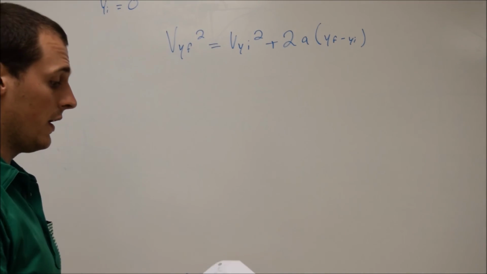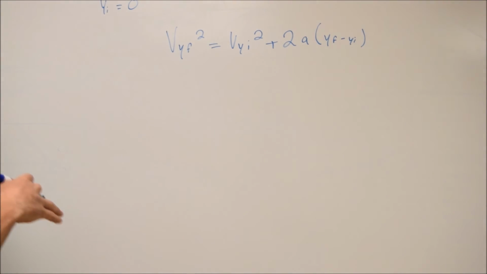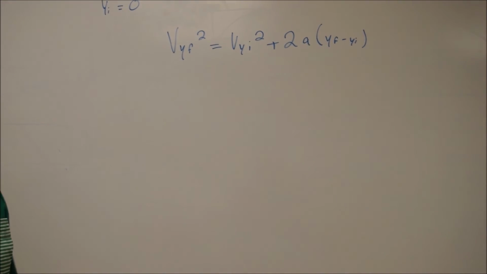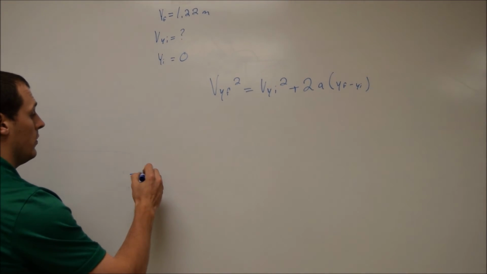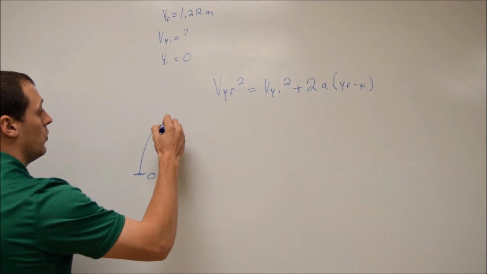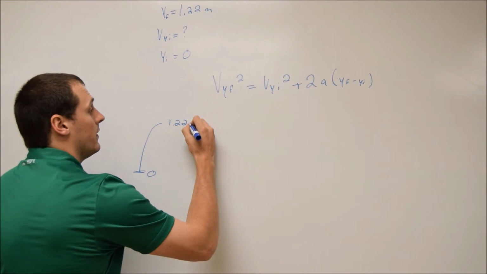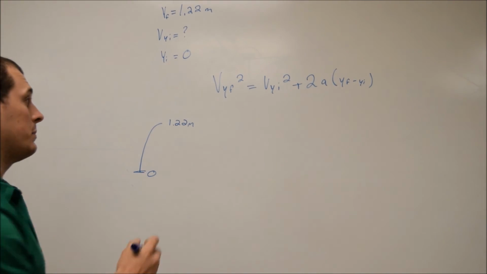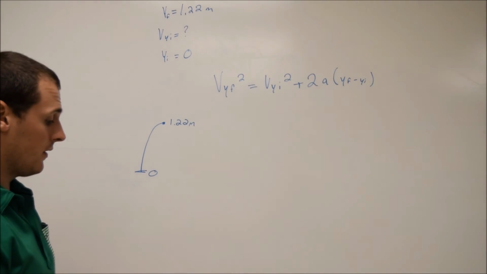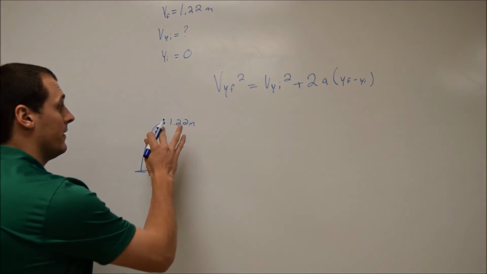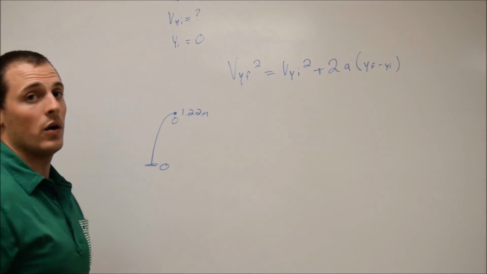Now we just fill in the bits of information that we have here. Since we're only looking at time to peak again, we're starting out here at 0, up to 1.22 meters. And since this is the final bit that we're looking at, we can assume that the final y velocity at the height of the peak is again going to be 0.